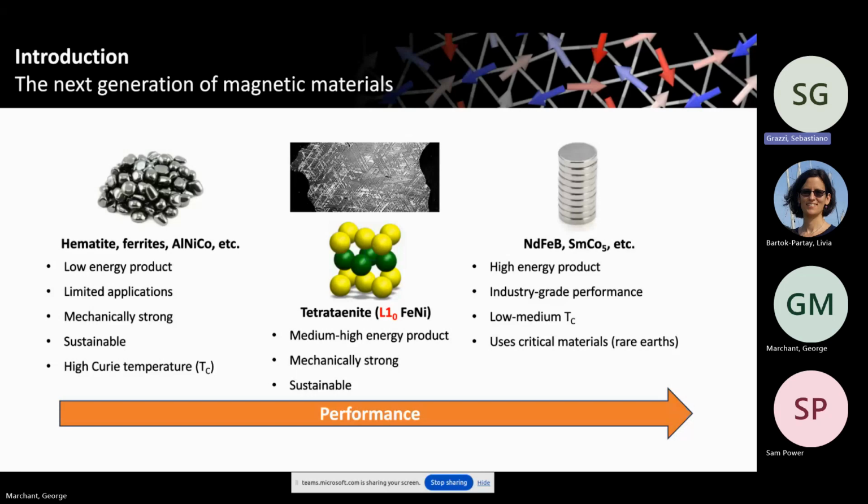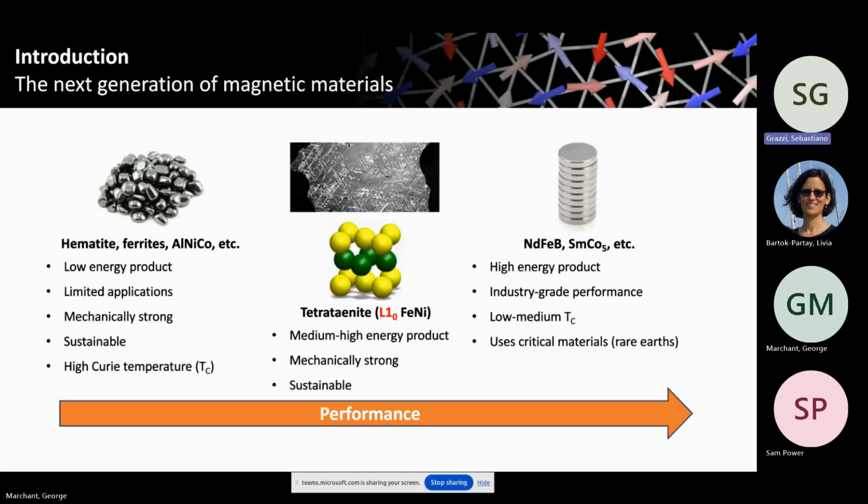And in a lot of applications we would really like to move away from that and into what we call gap magnets, which sit in terms of performance somewhere between your very cheap ferrites, hematite, and such, and your high performance rare earth based magnets. And there is literally a gap there.